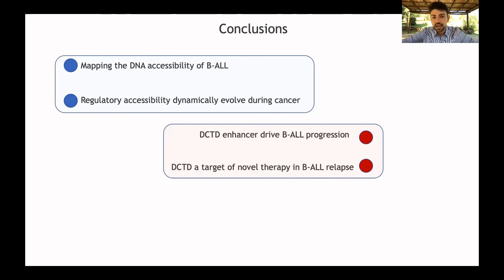We have identified a target, the DCTD enhancer, which drives B-ALL progression, and we have experimental data which provide evidence that DCTD, specifically the DCTD enhancer, can be a target for novel therapy during relapse.